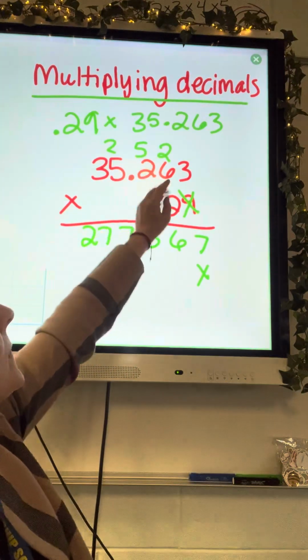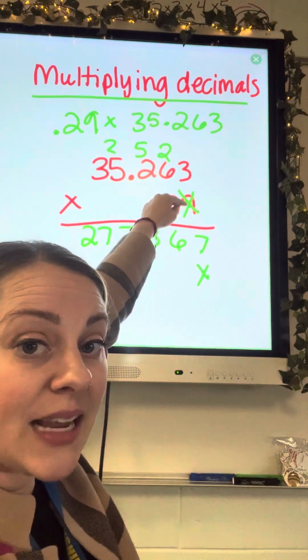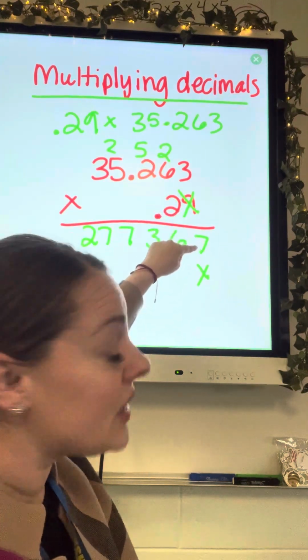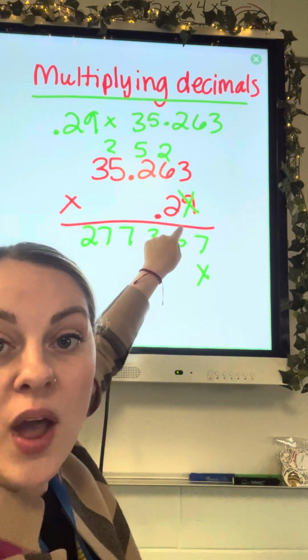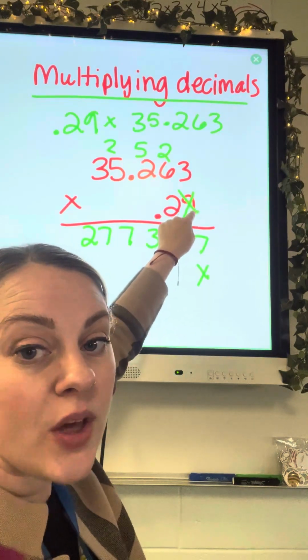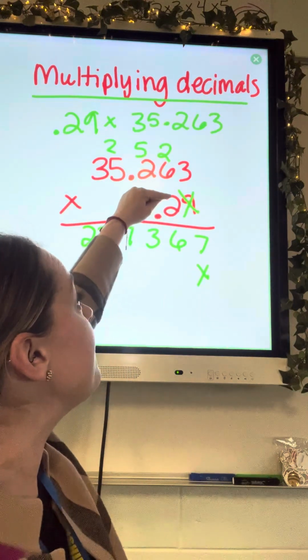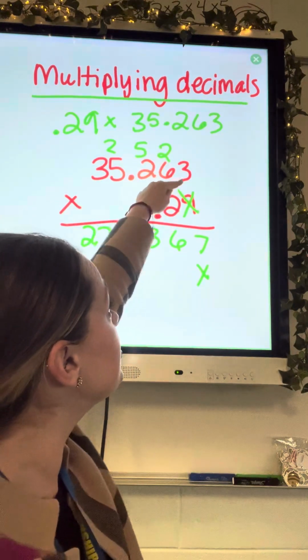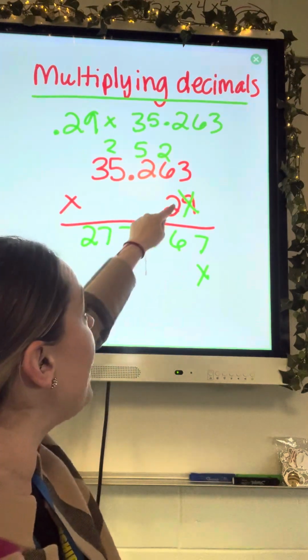When I multiplied 9 times 3, that very first answer went directly underneath of it because this is where our multiplication starts. So if I did that over here, I have to do that for every number, which means when I multiply by this 2, my very first answer, the answer to 2 times 3, should be going right below my 2.